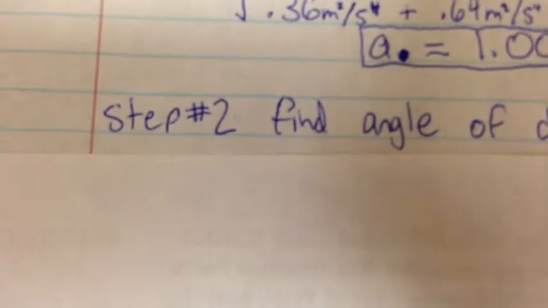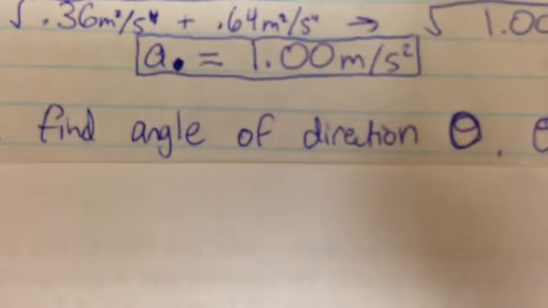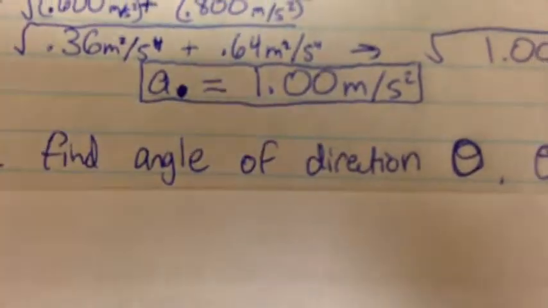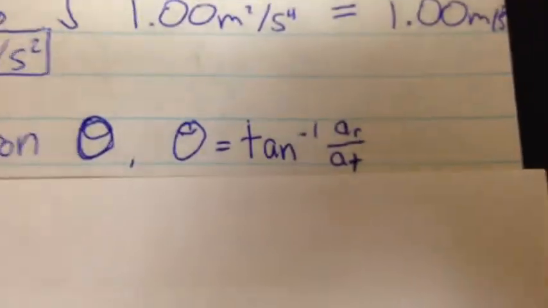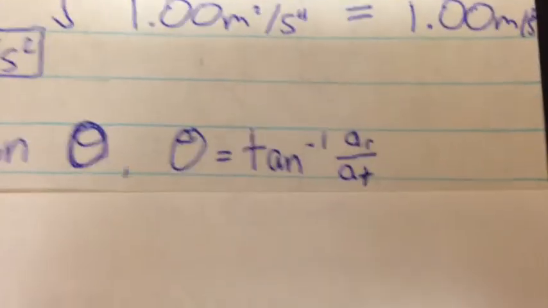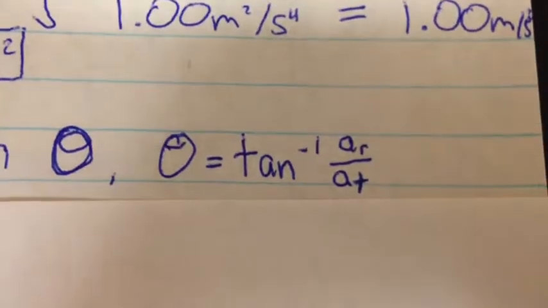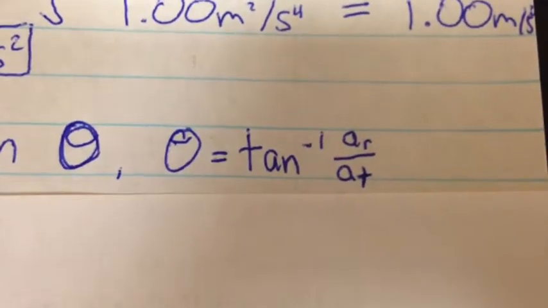Step 2 of part C is to find the angle of direction, theta, of the acceleration. This can be found using the formula theta equals inverse tangent of the centripetal acceleration over tangential acceleration.